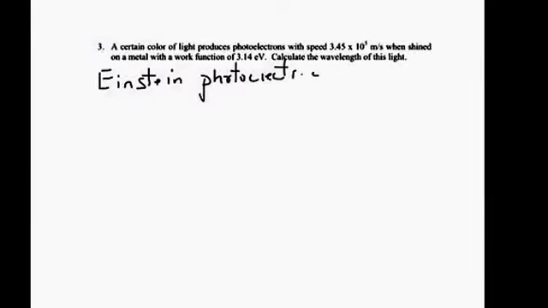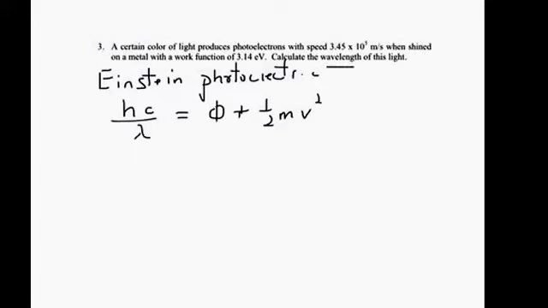For his equation, Planck's constant times the speed of light over the wavelength equals phi plus 1/2 mv squared. And we need to find the wavelength.